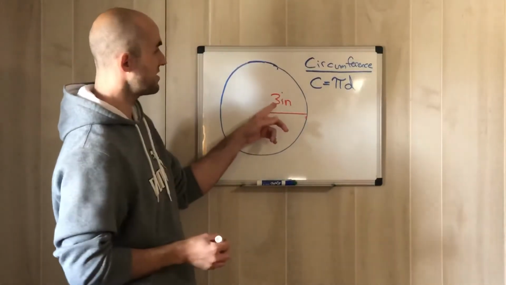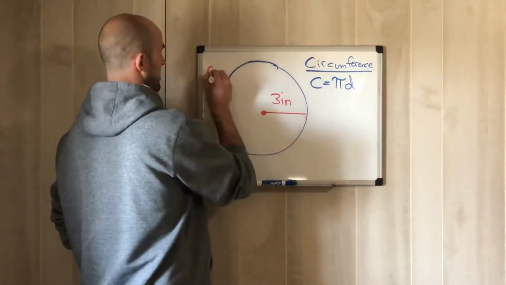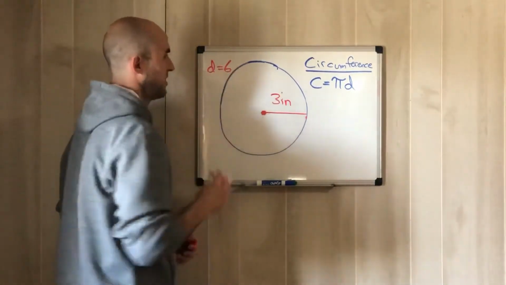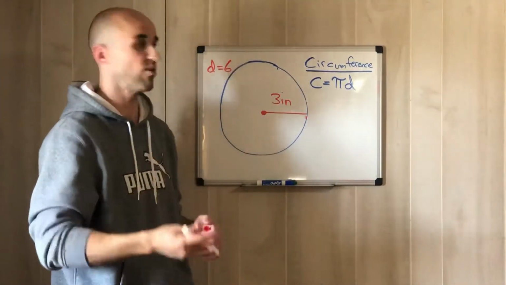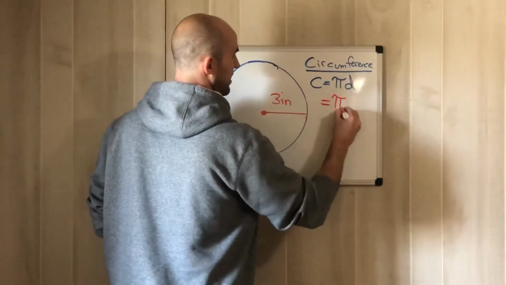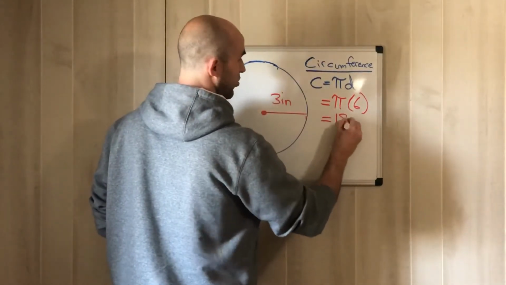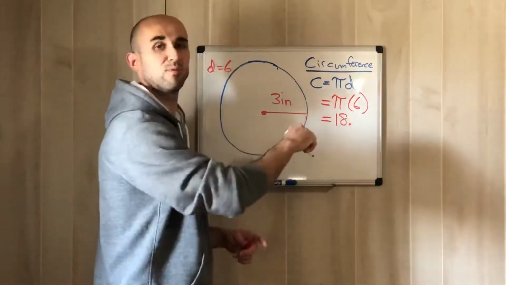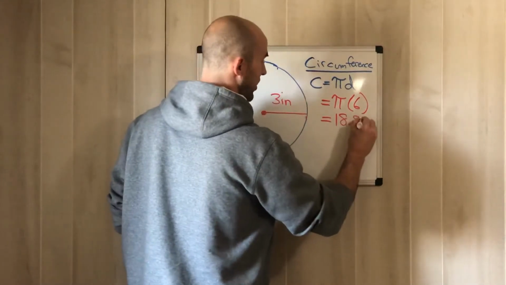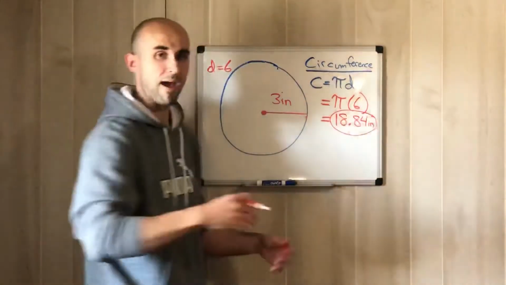Because if the radius is 3, you know that the diameter is going to be 6, just because diameter is always 2 times the radius. So now you would have pi times 6, which would give us the exact same answer we did before, 6 times pi, which would give you 18.84 inches.